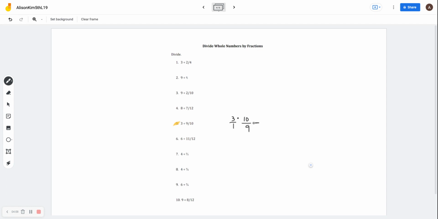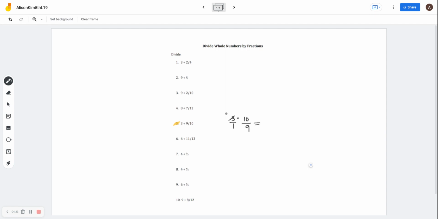So this is what I'm talking about. When we flip it, we can just multiply across, but then you will have to do more simplification. So it's better to do the simplification right now at this step. When you're simplifying, you can never simplify across. You can only do a crisscross. So in this case, 1 and 10, you can't simplify anything because they have nothing in common. But 3 and 9 can be simplified because 3 can go into 9 3 times.